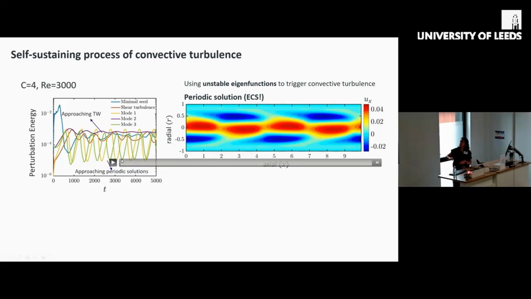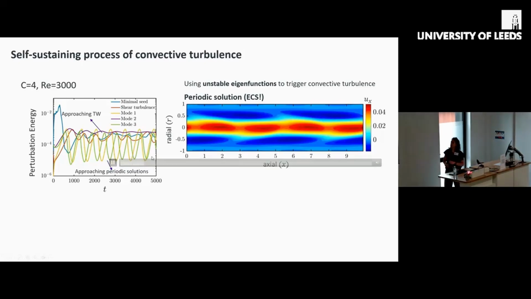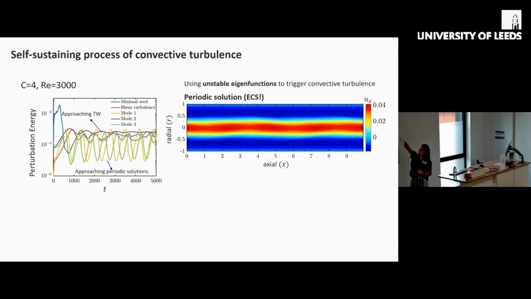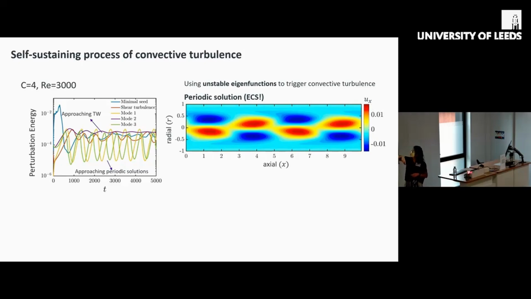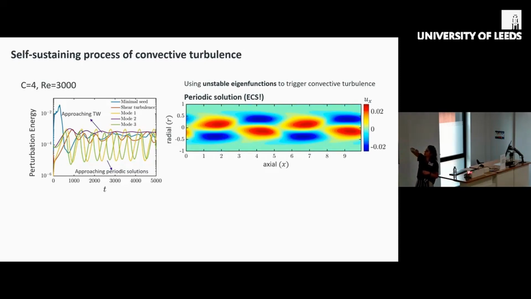So we start with a perturbation that looks similar to the unstable mode that we triggered, and then we see that this perturbation grows, and the fast-moving fluid in the center starts to merge, forming these streaks that then break down, and when the streaks decay, then the roll perturbation reappears.